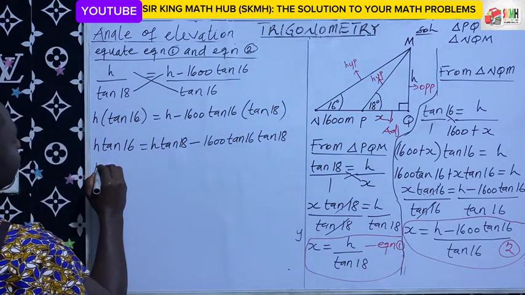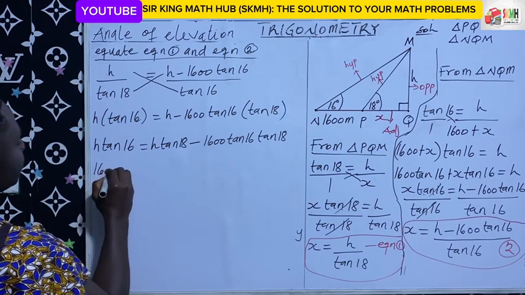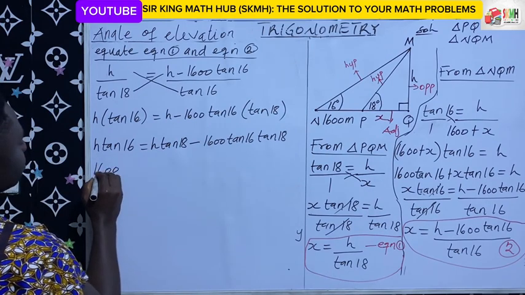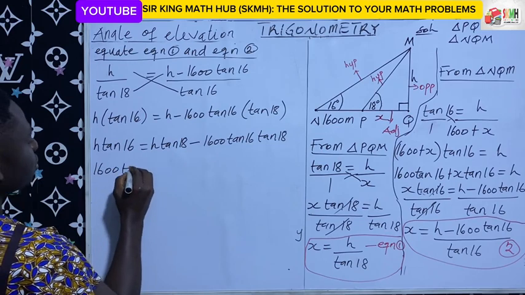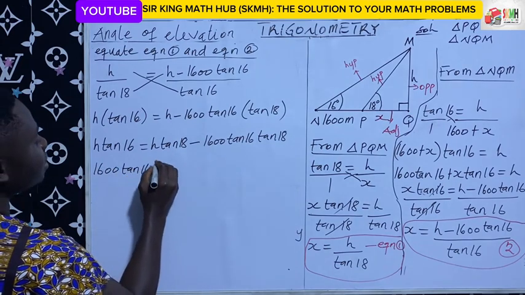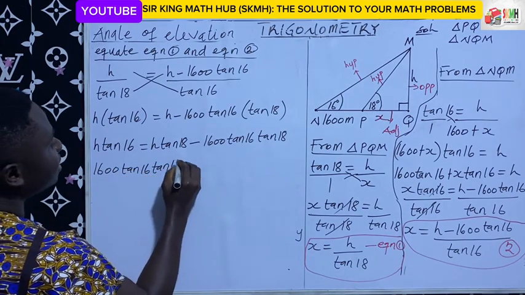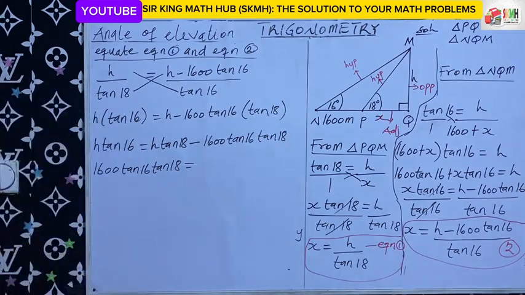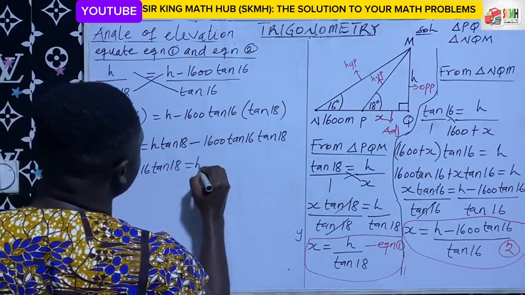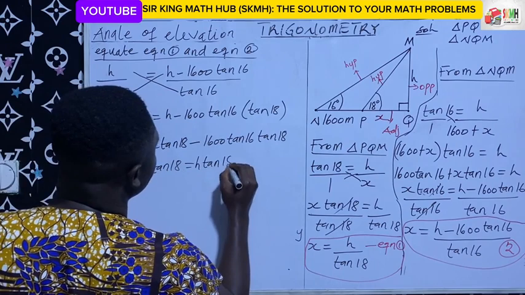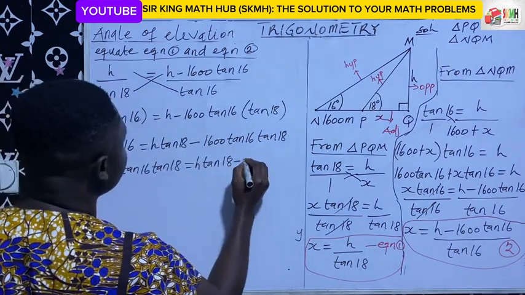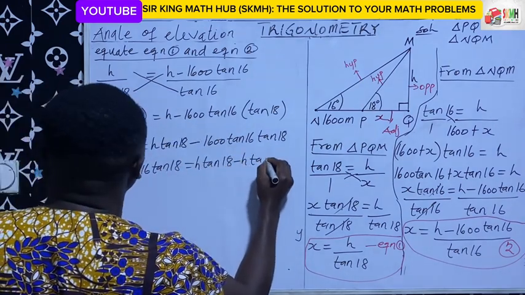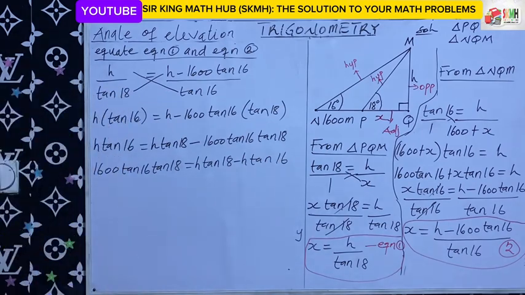So we have 1600 tan 16 tan 18. The whole of this must be equal to, on the right I have h tan 18, then minus h tan 16.